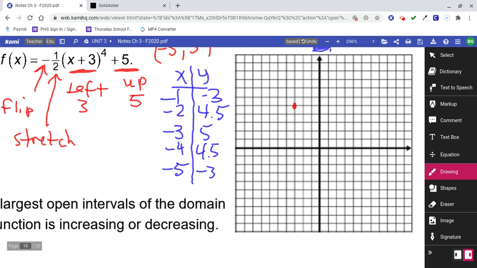So -1, -3. -2, 4.5. -3, 5 we already got. -4, 4.5. And -5, -3. So that kind of looks like a parabola, but it's not the same pattern. Remember, a parabola had a 1, 3, 5 pattern. That's definitely not a 1, 3, 5 pattern.